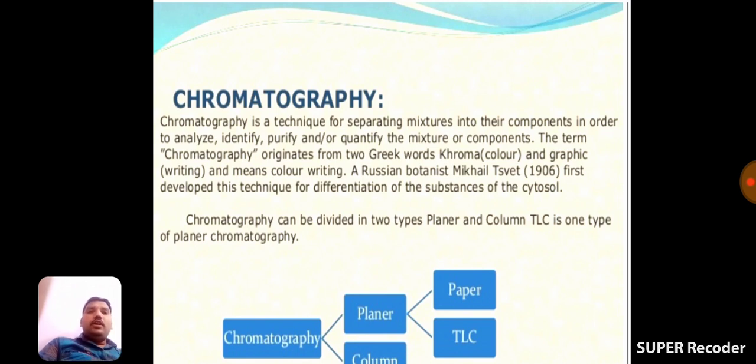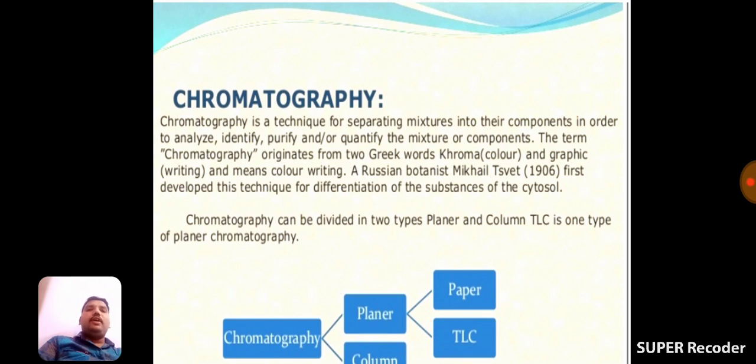In planar chromatography, there are two techniques: one is paper chromatography, another one is thin layer chromatography. So in today's class, we discuss thin layer chromatography. This is the introduction to thin layer chromatography.